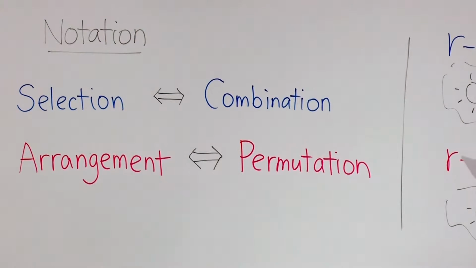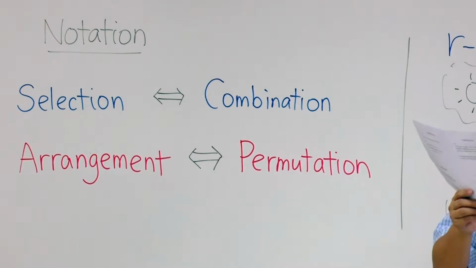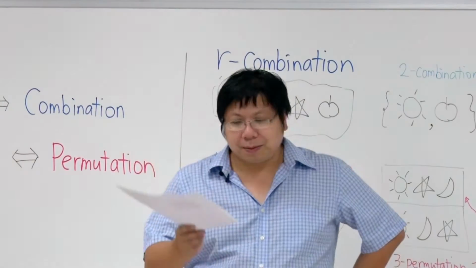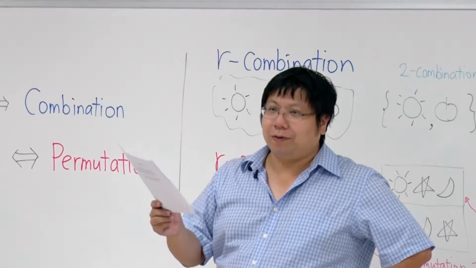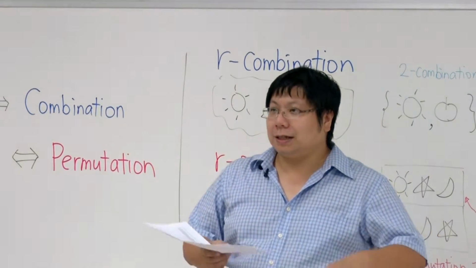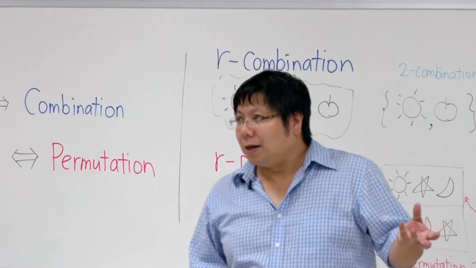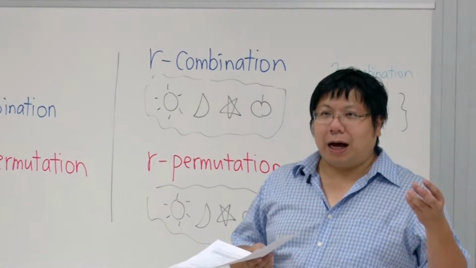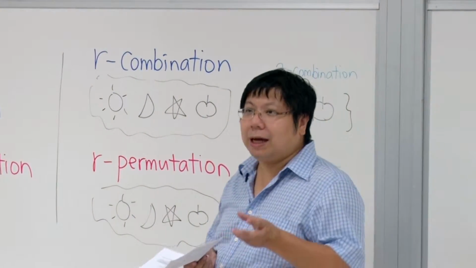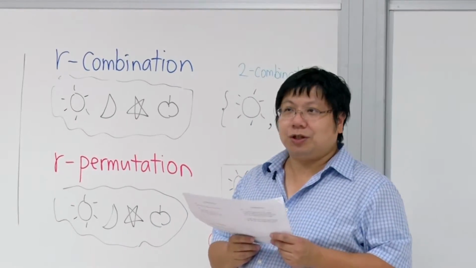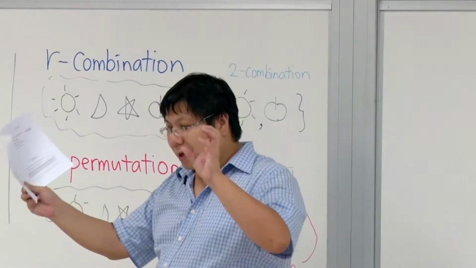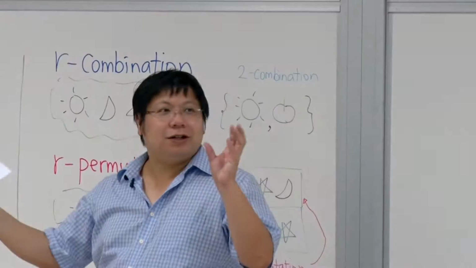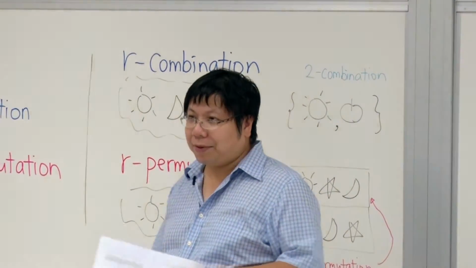This is a problem that appears in a lot of cases, like in textbook problems, where you may be asked how many ways to select 2 people from 5 candidates. This is a selection problem. We can also ask it another way: how many combinations are there when we are choosing 2 people from 5 candidates? Selection and combination mean the same thing.